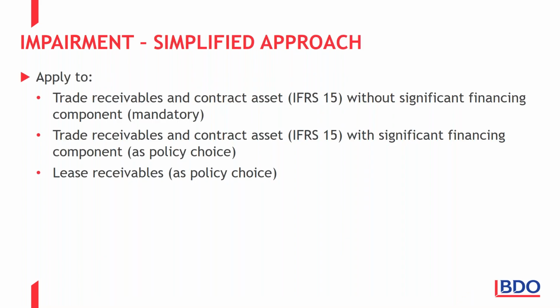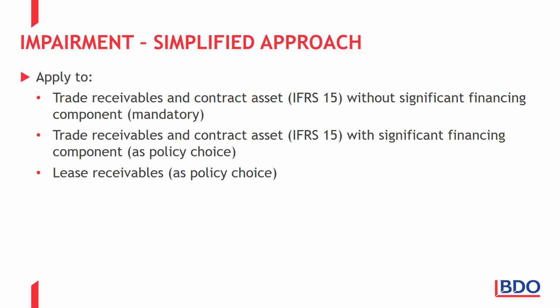I also said that for impairment, there's a general approach and there's also a simplified approach. So the simplified approach would apply to trade receivables and contract assets under IFRS 15, if they don't have significant financing components, and that would be mandatory.